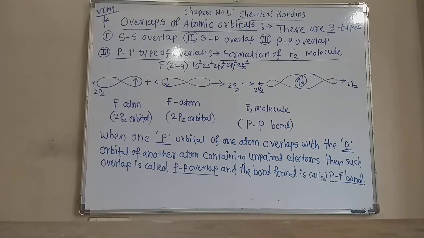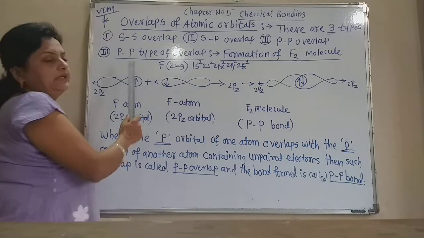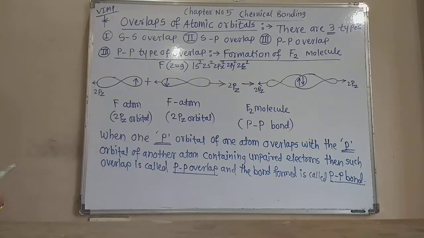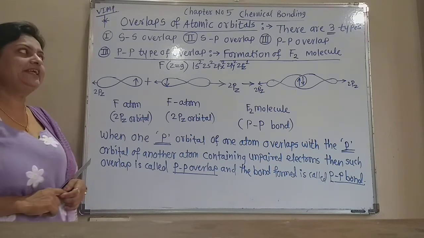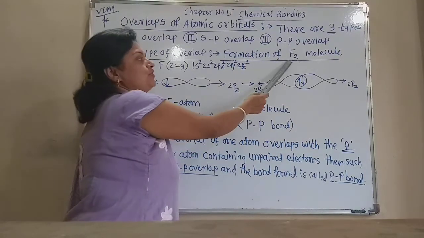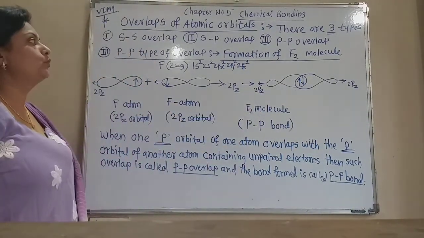Now come to the third type of overlap, that is the pp type of overlap. The best example is the formation of any halogen molecule, but here we take the formation of fluorine molecule, F2 molecule.